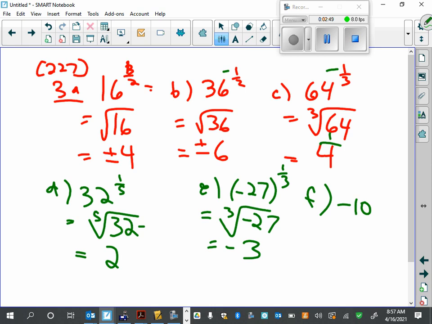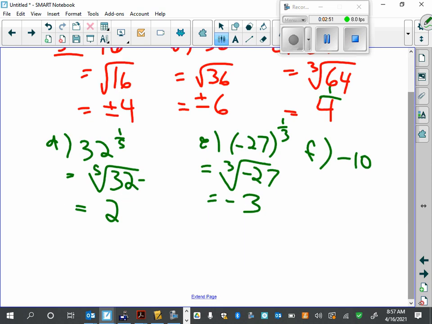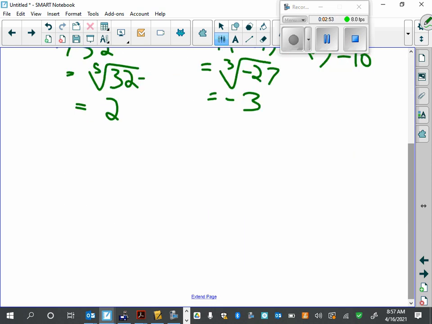Next. Pause if you want to see the answers. Next is 4AB. 4A is 100 to the 0.5. 4B is 81 to the 0.25. Is the heading for this rational decimal exponents or rational fractional exponents?